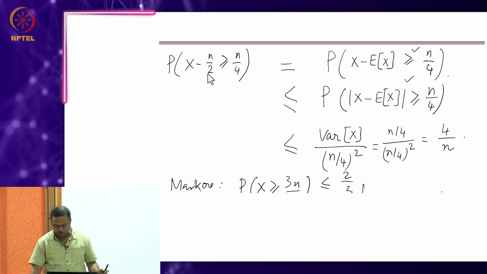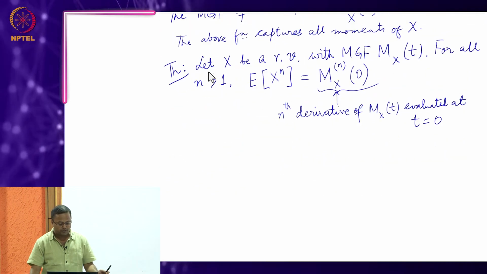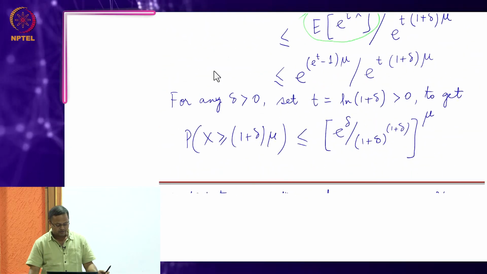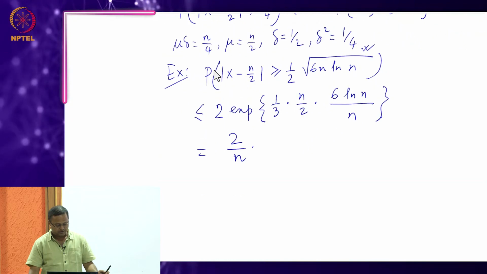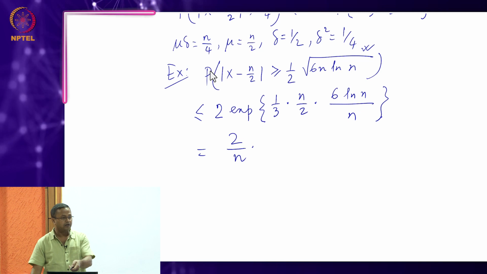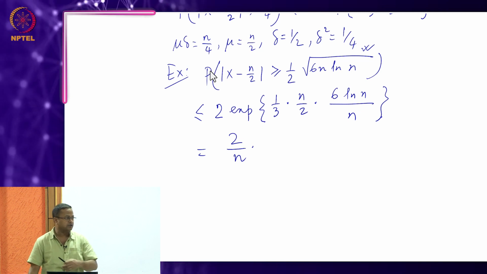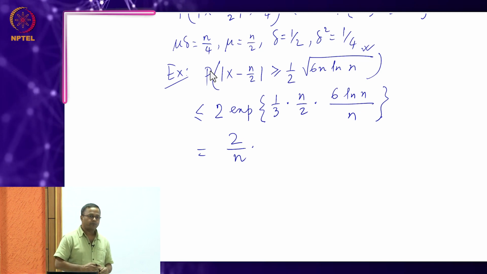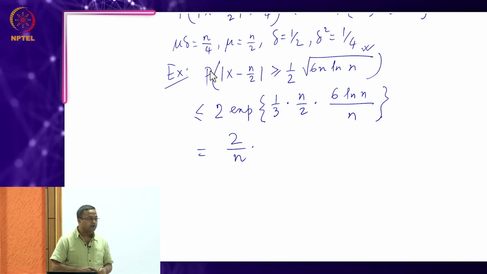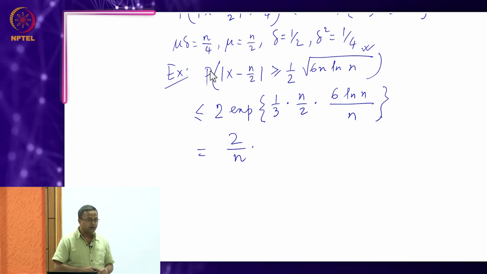Now, look at what Chernoff is doing. To give you a probability of 2 by n, which is comparable to 4 by n, the range it is allowing you to play with is very small, it is square root n almost, there is a log n correction term, which was earlier linear, now has become sublinear, right.